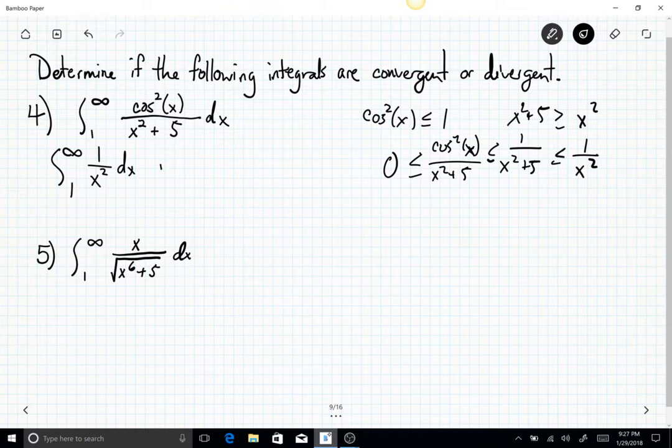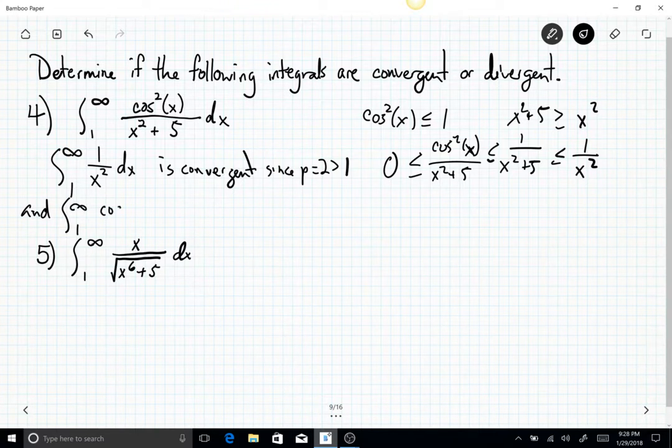Well, this is a convergent improper integral, since p equals 2 is greater than 1, and the integral from 1 to infinity of cosine squared of x over x squared plus 5 dx is convergent by the comparison theorem.